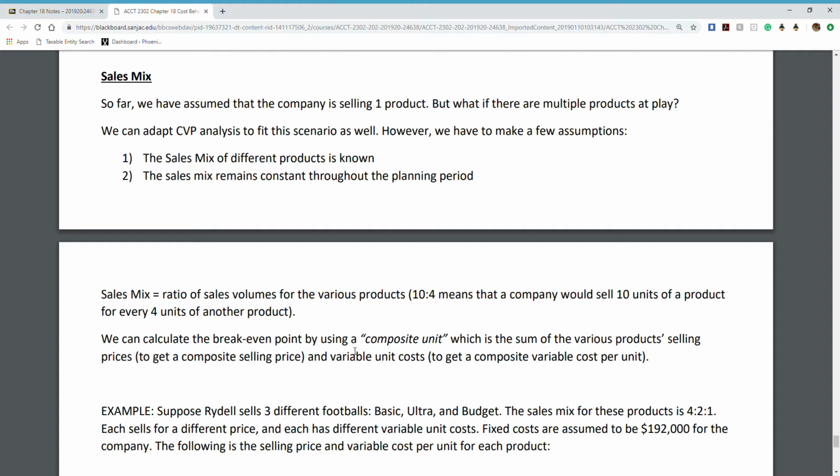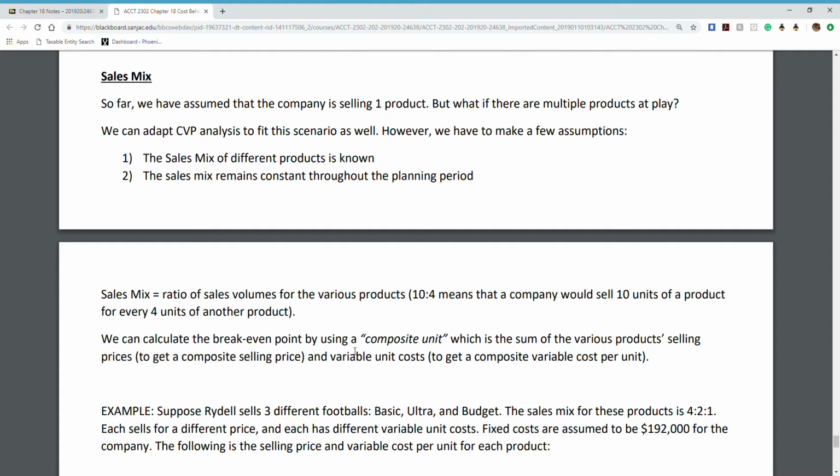Okay. So, what is the sales mix? This is a ratio of sales volume for various products. So if we look at two products, 10 to 4 means that the company will sell 10 units of a product for every 4 units of another.